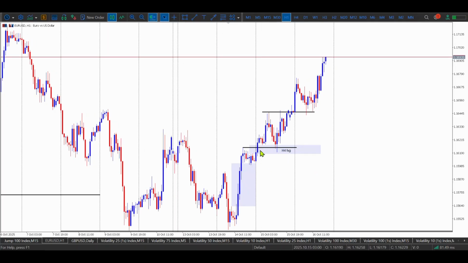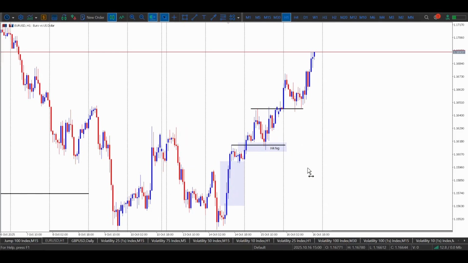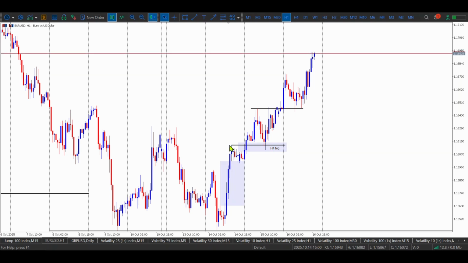We have two things supporting each other: the old high, yesterday's high. Combining that high with the H4 fair value gap, we're going to have very nice sensitivity right there. It's a very strong area to look for buys.